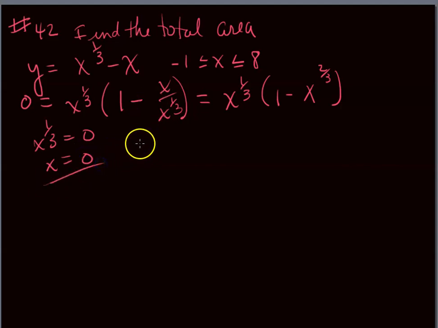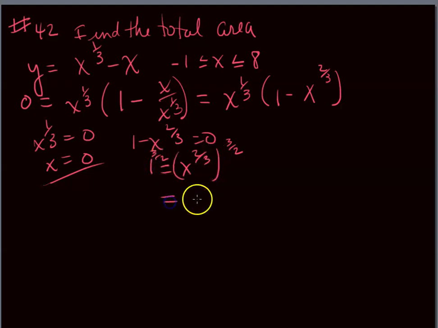And when 1 minus x to the 2/3 equals 0, or 1 is equal to x to the 2/3, take the cube root of 1, you get 1, square 1, we've got to take this to the 3/2 power. But 1 to any power is 1, so it doesn't really matter.